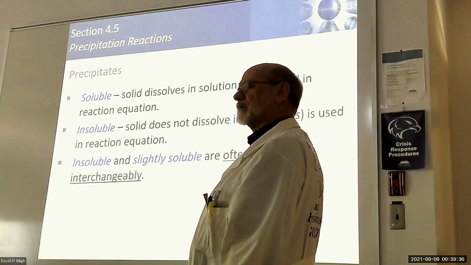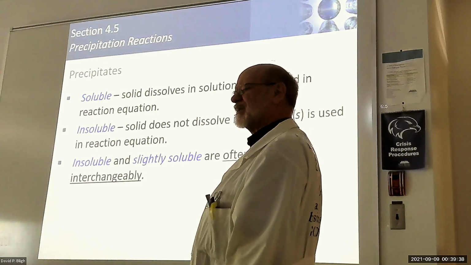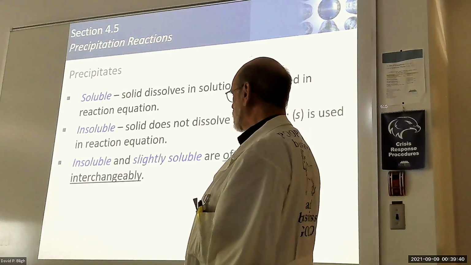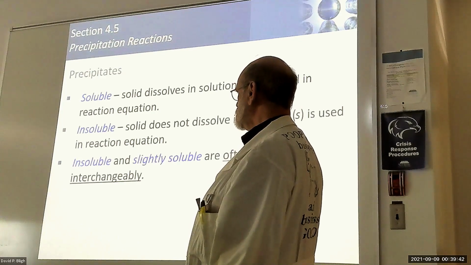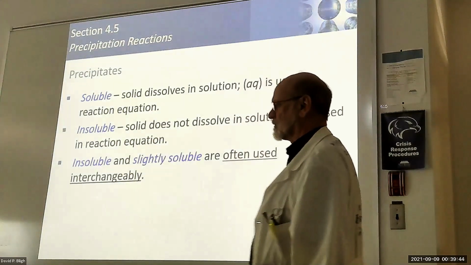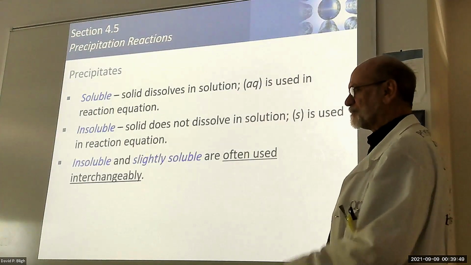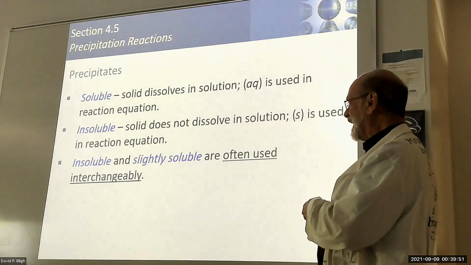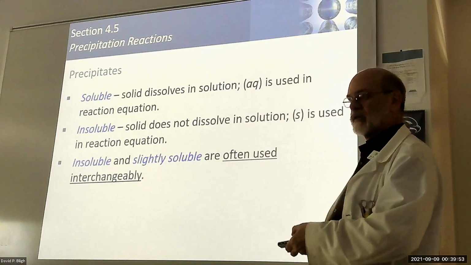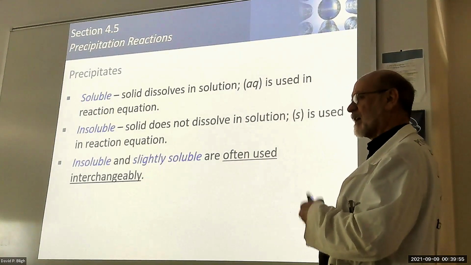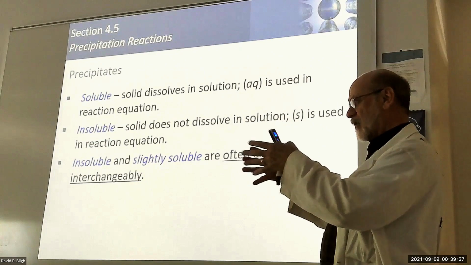In fact, let's see, do we do it this semester? I think we do later. No, I think it's the second semester, where we actually calculate solubilities. But for now, it's either soluble or insoluble. Just recognize that there's a gray area between.